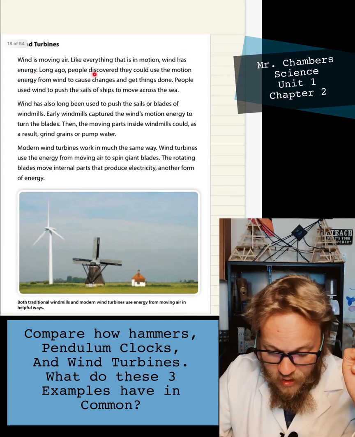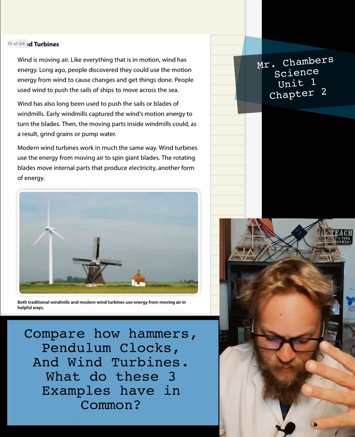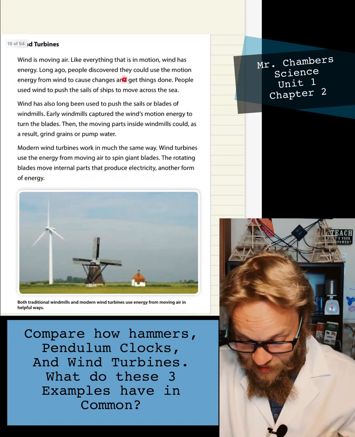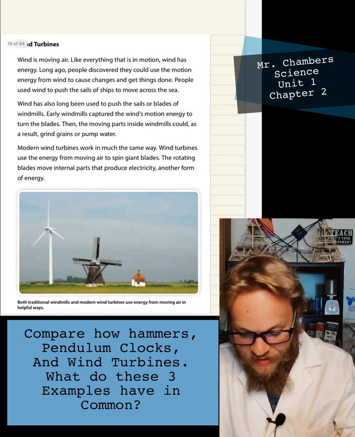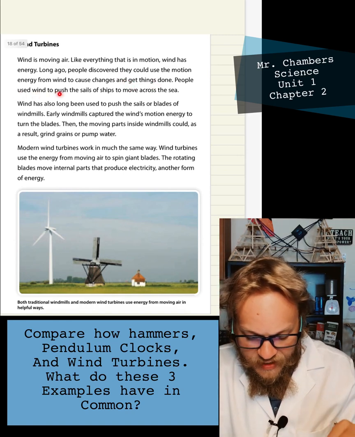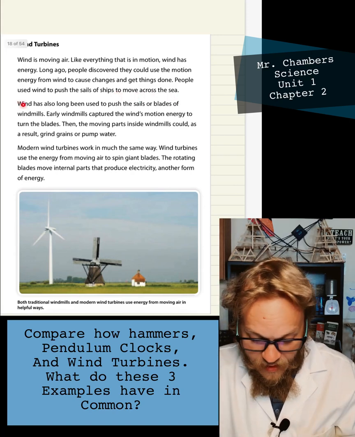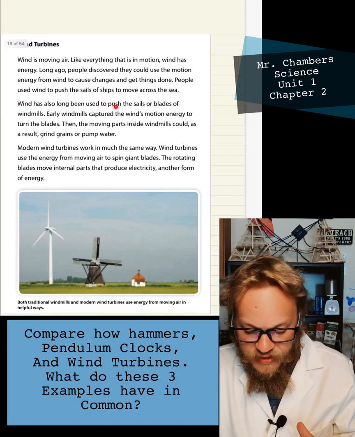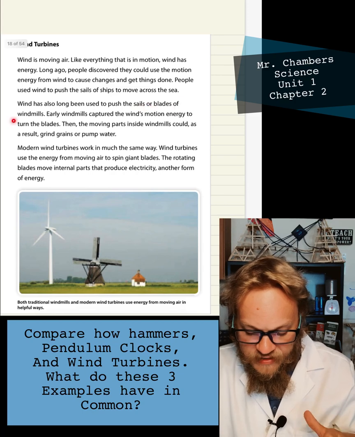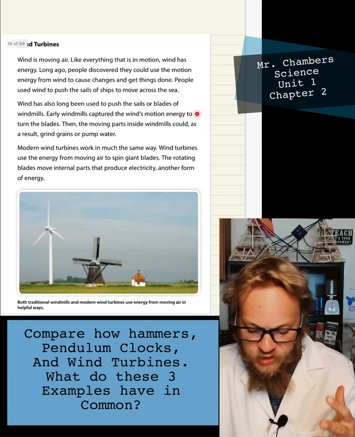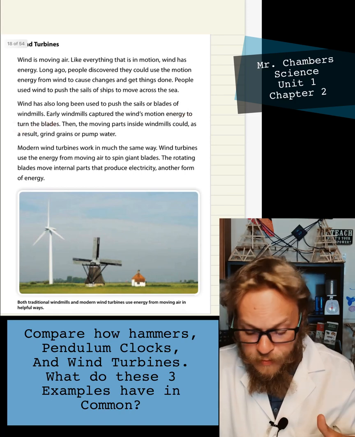Long ago, people discovered that they can use the motion energy from the wind to cause changes and get things done. People use wind to push the sails of ships to move across the sea. Wind has also long been used to push the sails or blades of windmills. Early windmills captured the wind's motion energy to turn the blades.